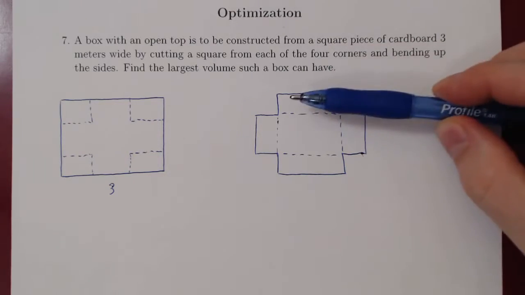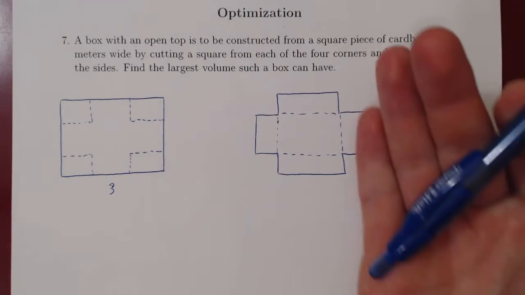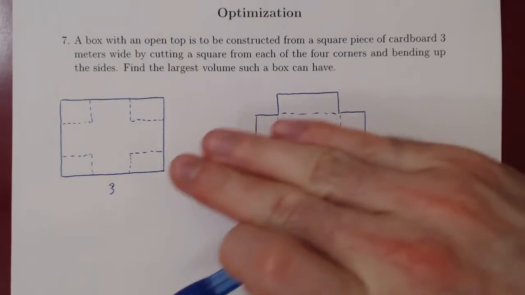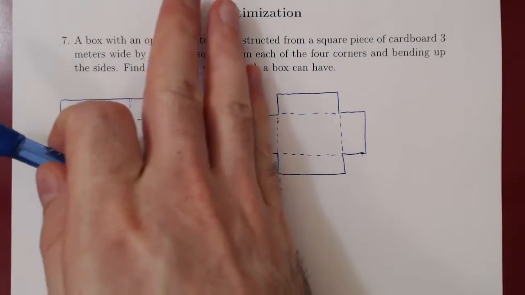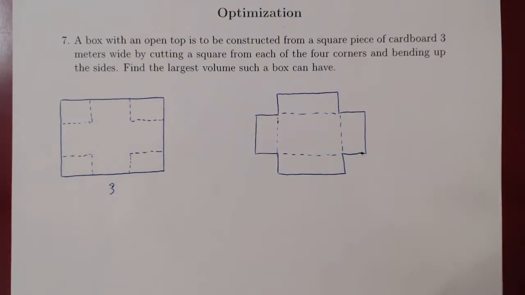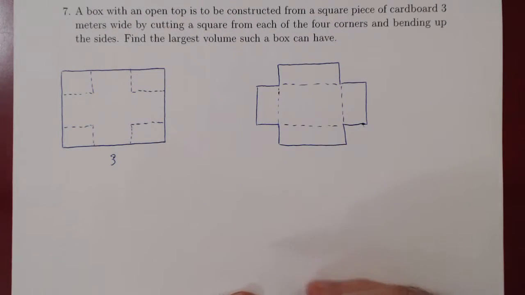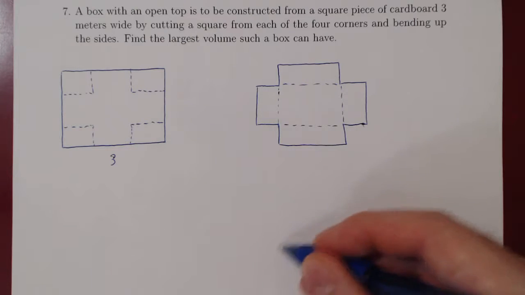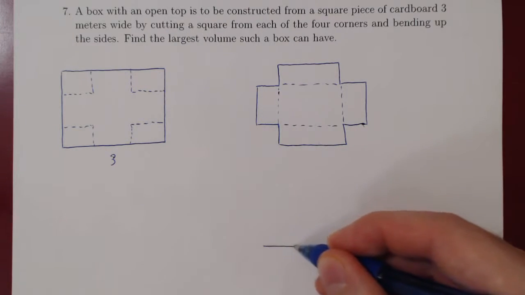So if you take this side and bend it up, take this side, bend it up, take this side, bend it up, and take this side and bend it up, what you have is a box with an open top, right? Well, you can draw it here. It will look something like this.